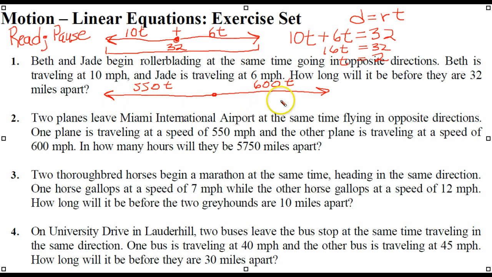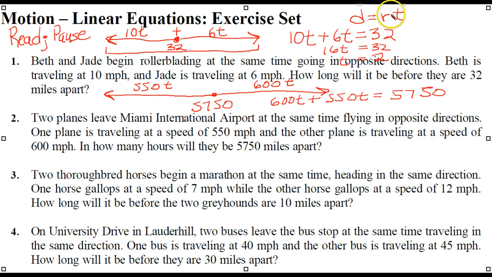And the distance, we're wondering when they're going to be apart, would be 5750. So the equation is 600t plus 550t equals 5750. So not too bad.